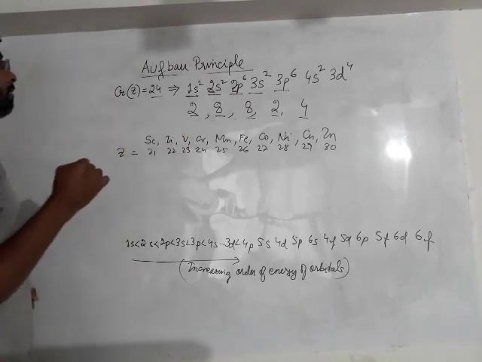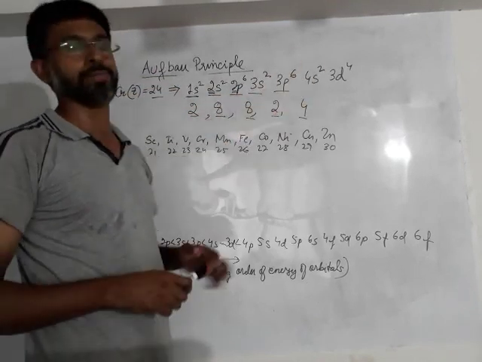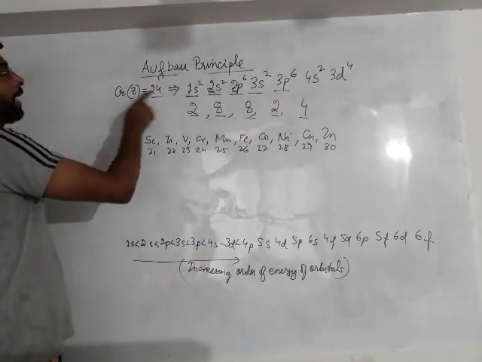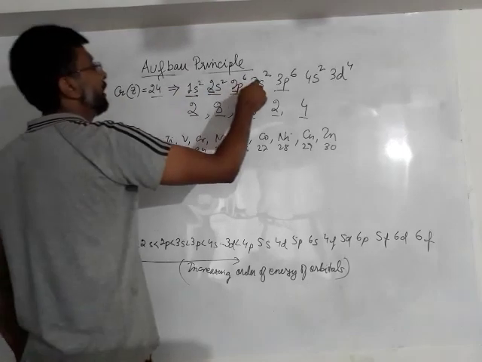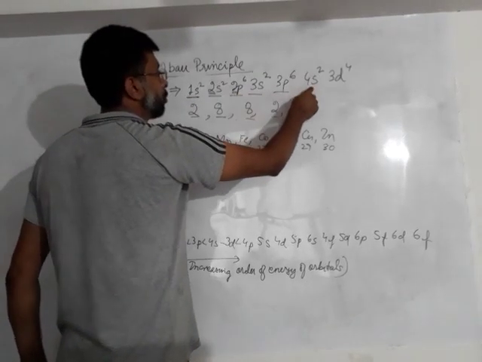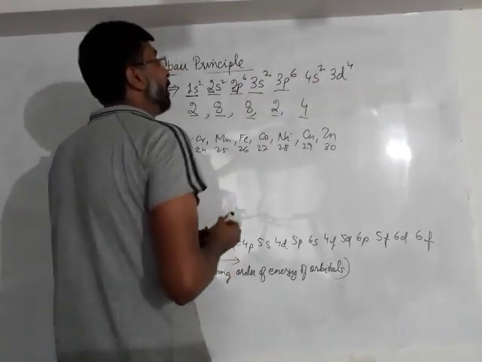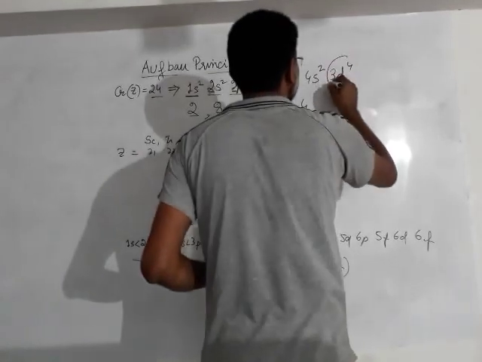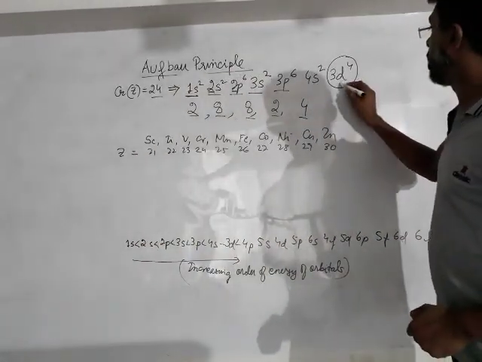So by using Aufbau's principle, this is how we write the electronic configuration. For chromium it is 1s2, 2s2, 2p6, 3s2, 3p6, 4s2, 3d4. The last electrons are in the d orbital.